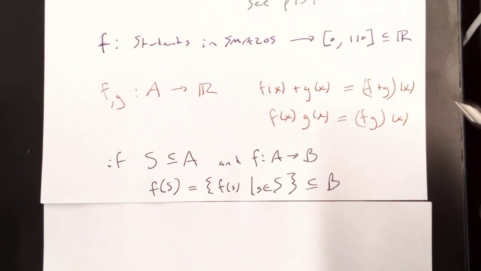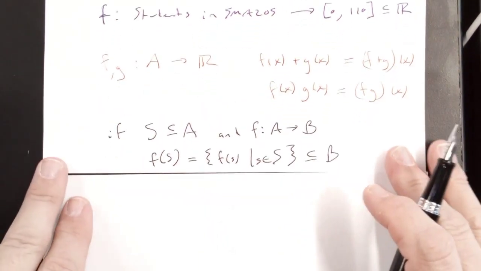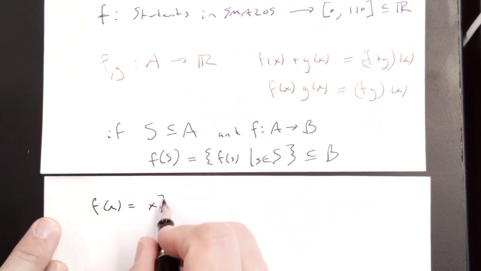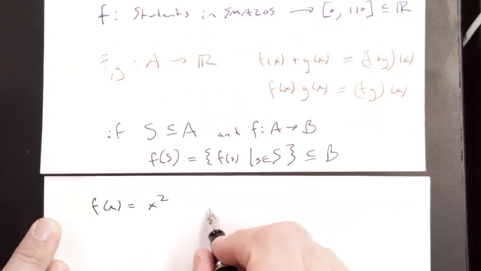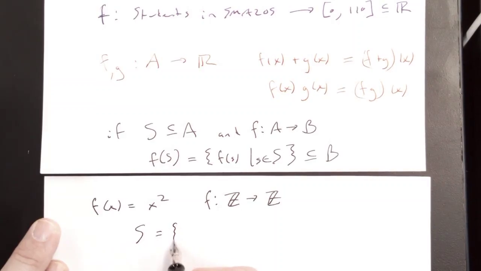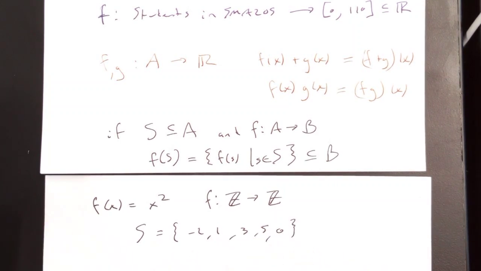So if I go back and think about our square function, let's go from the integers to the integers. Then I could say, oh, here's a set. What's f of S?